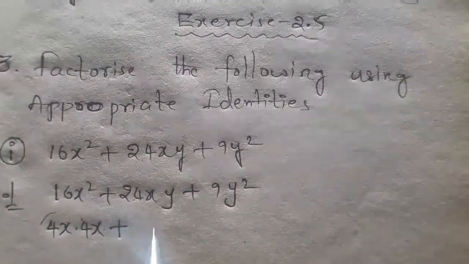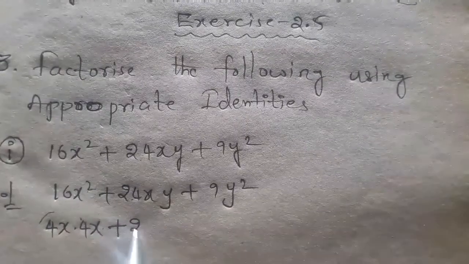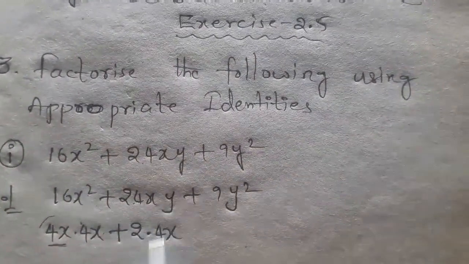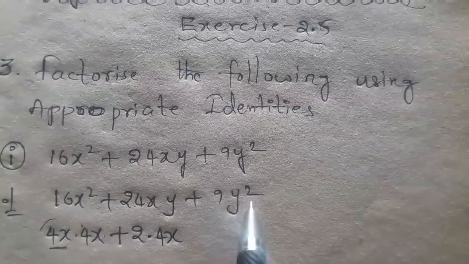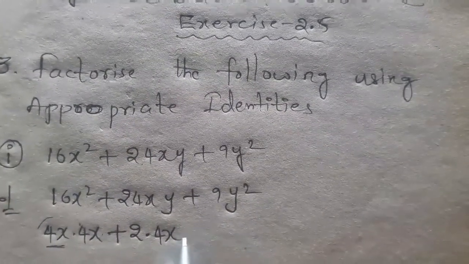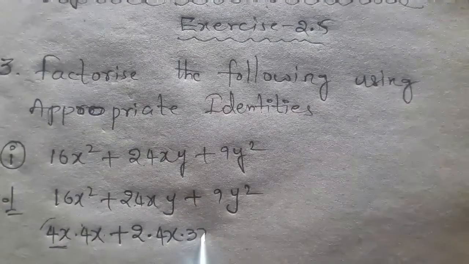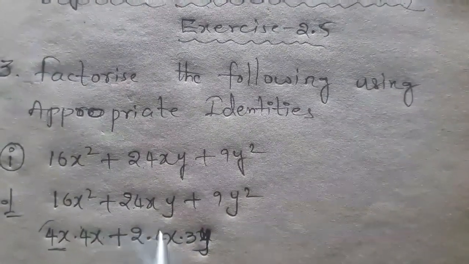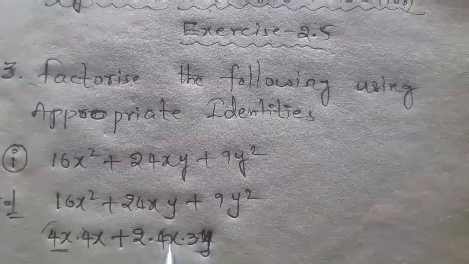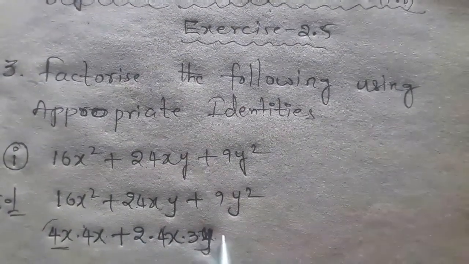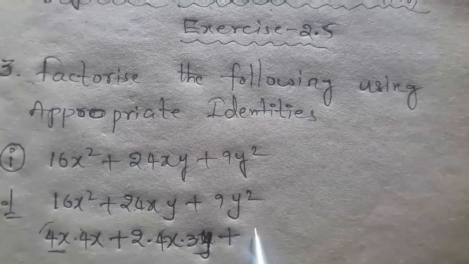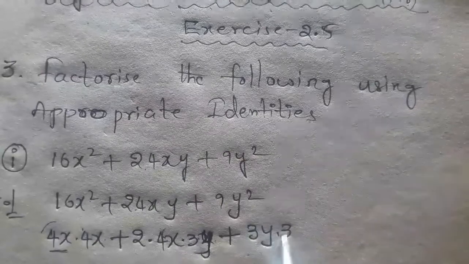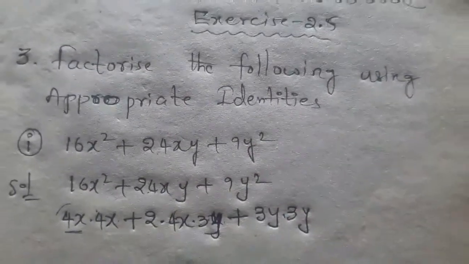Next, plus this can be 2 into a, that means here 4x, into b, that means here 3y. 2 4s are 8, 8 3s are 24, x into y, xy. Plus 3y square, 9y square means 3y into 3y.